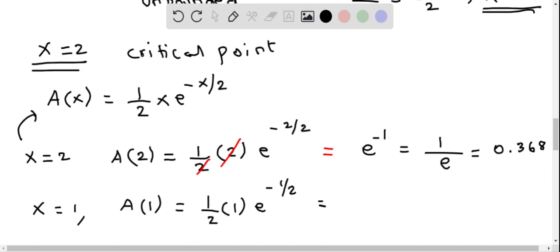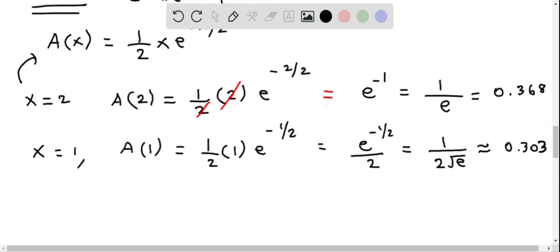So this is equal to e power minus 1 by 2 divided by 2, and this is equal to 1 by 2 e power 1 by 2, which I can write in radical form as 2 times root e. And plugging this into the calculator, approximately we get the area as 0.303.